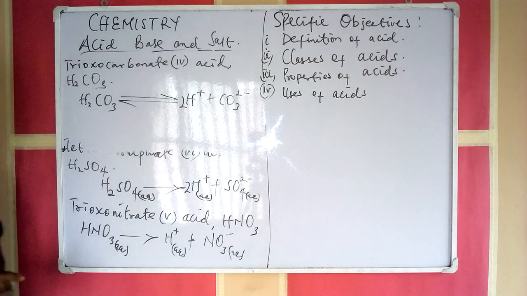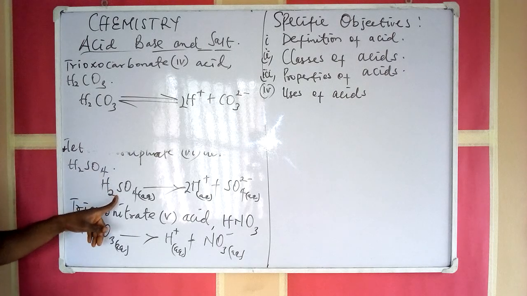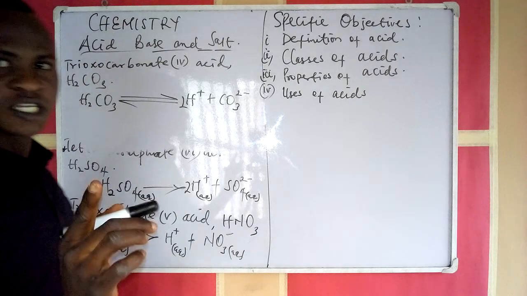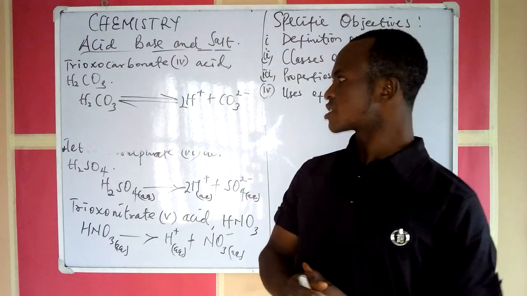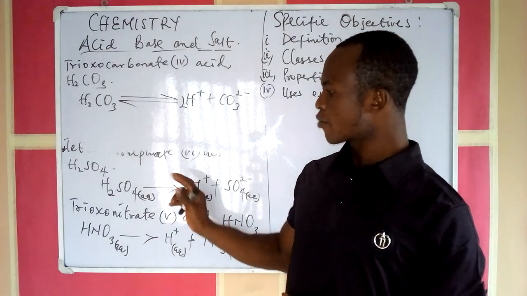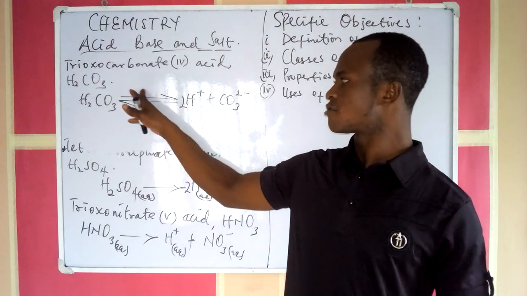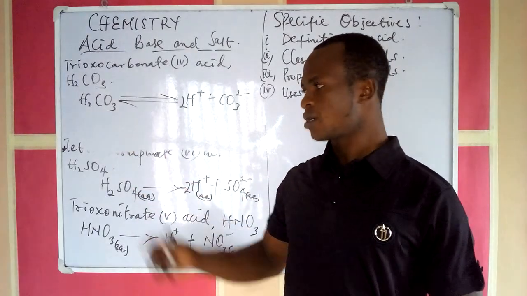Now, if you compare the ionization of H2SO4, HNO3, and the ionization of H2CO3, you discover that the arrow we have here is just single, while the arrow we have here, we have 2 arrows. The forward arrow and the backward arrow.